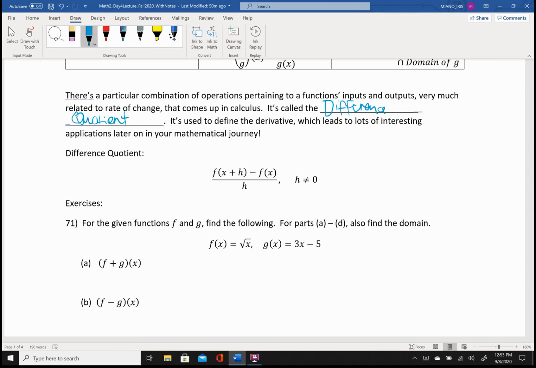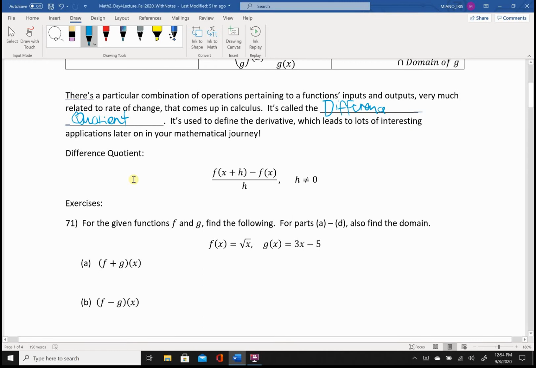That's going to be something that we are going to introduce here. Later on, it'll become more relevant to you when you talk about differentiation in your Calculus 1 course. For now, let's just go ahead and use it as an opportunity to practice a difference of functions, same functions essentially. It's just in two different places divided by some value h, in which h cannot be equal to 0.